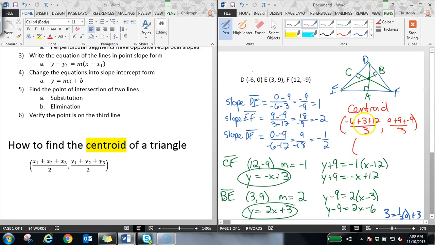So negative 6 plus 3 is negative 3, plus 12 is 9. 0 plus 9 plus negative 9 is 0. And we get a centroid of 3, 0. It happens to be the same, which doesn't mean that it's always going to be.